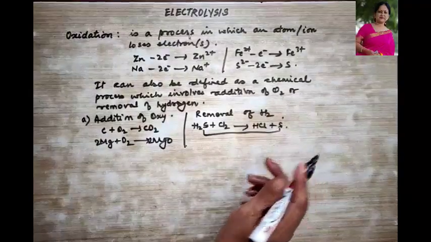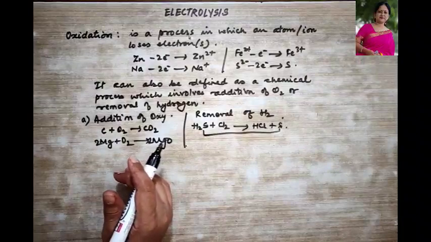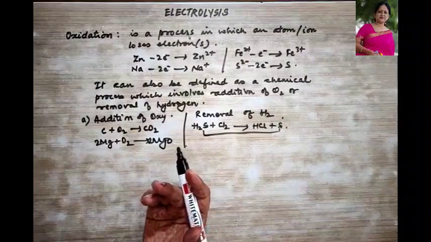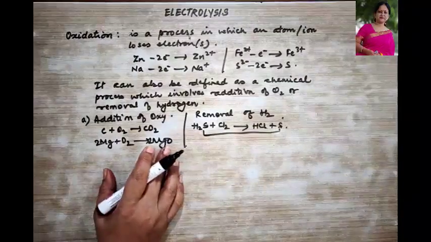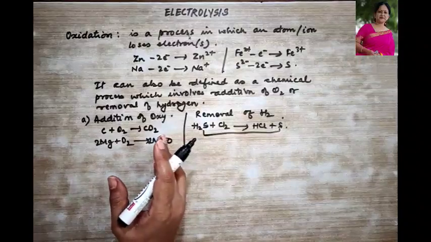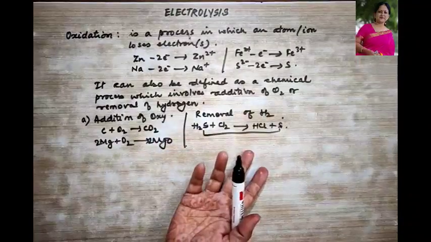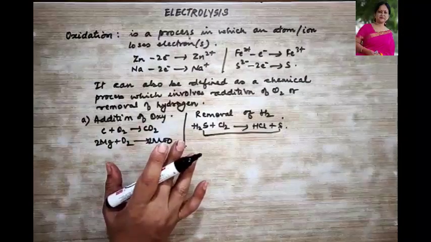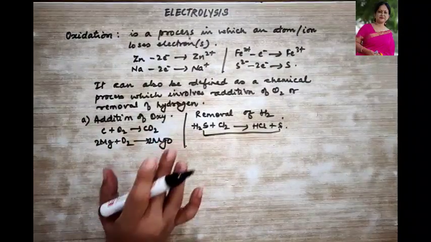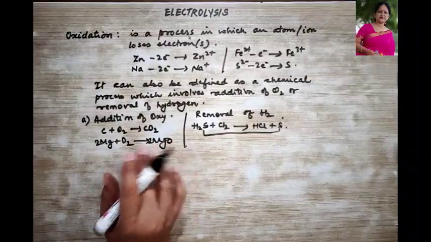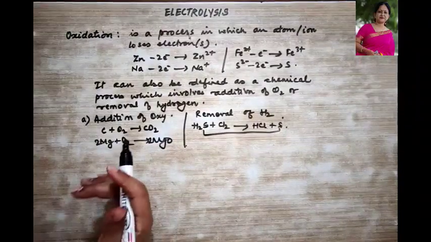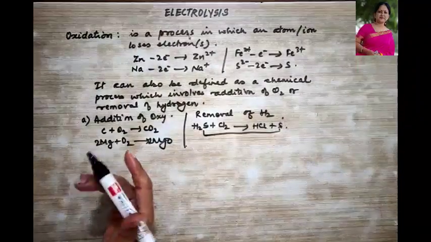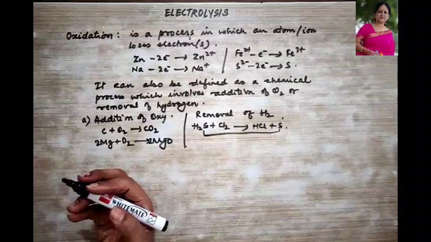Now, oxidizing agents. Oxidizing agents are those substances that oxidize other substances by either accepting electrons or by providing oxygen or an electronegative ion. Some examples: you learn one or two examples of each kind.